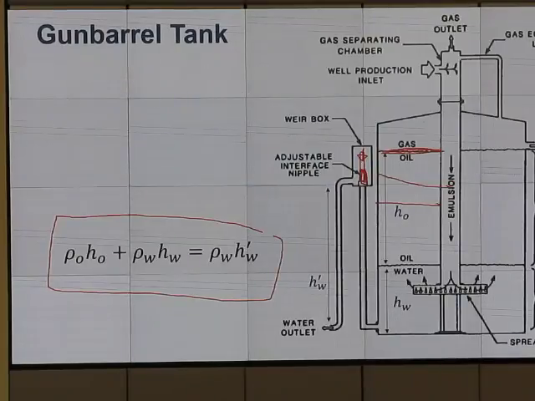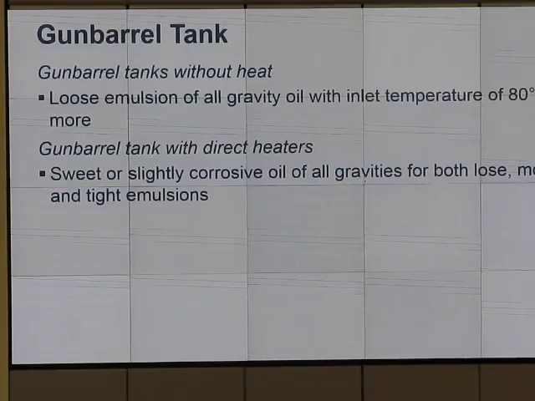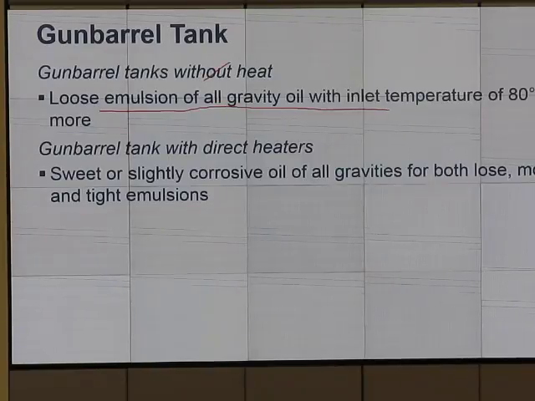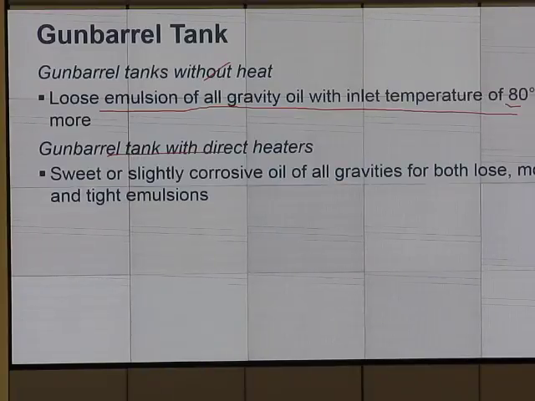You know this already. So, gun barrel without heat and gun barrel with direct heater. You can have a gun barrel without heat. For the case of loose emulsion, use gravity to separate it. The oil inlet should be about 80 or more, then you don't need any heat. The next one is the gun barrel with direct heater, so you can have heat for the gun barrel.